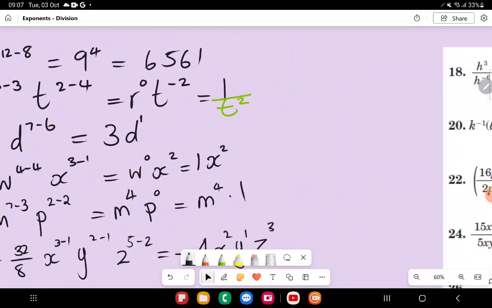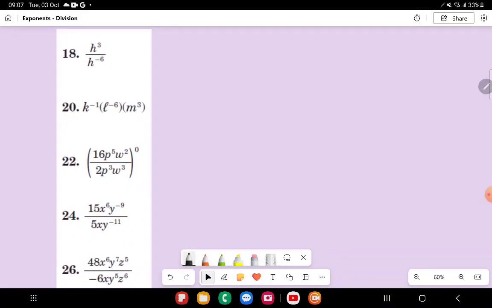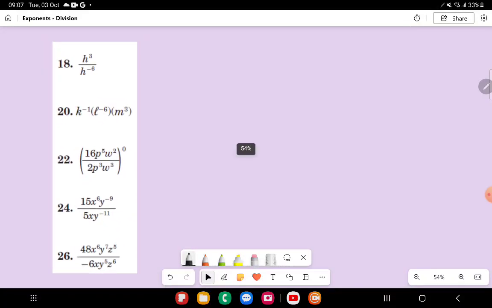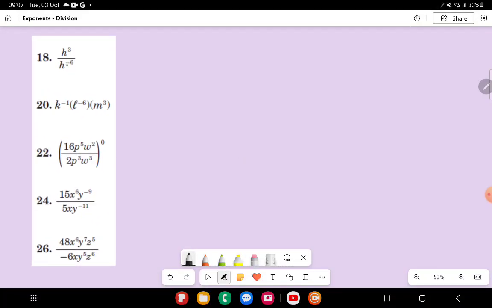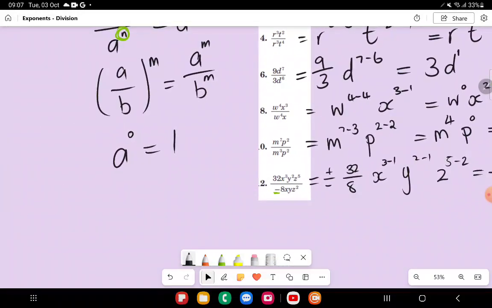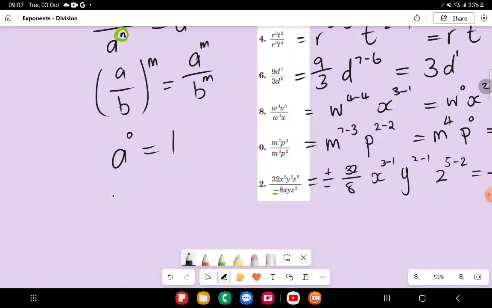Okay, let's try some more. We've got h^3 over h^(minus 6). So I just want to repeat this rule. If I have 1 over a to the power of m, this is the same as a to the power of negative m, and again, this is reversible. A minus sign means go home or go to the other side.